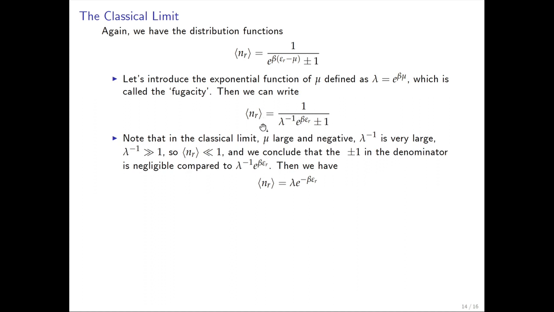This means, of course, the mean occupation number gets really, really small because the denominator is getting large. But secondly, this term dominates, and we can conclude that the 1 is negligible compared to this term. And then you see we have a simple result that in this classical limit, the mean occupation number of state r is lambda, the fugacity, times e to the minus beta epsilon r.